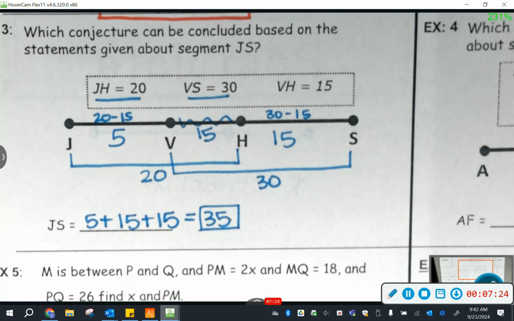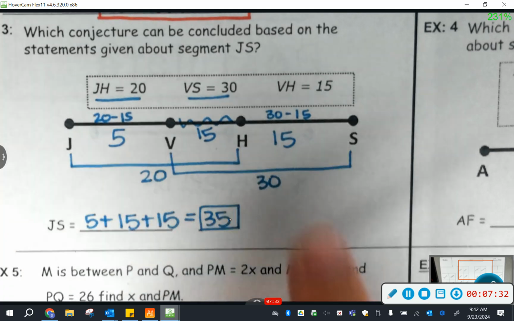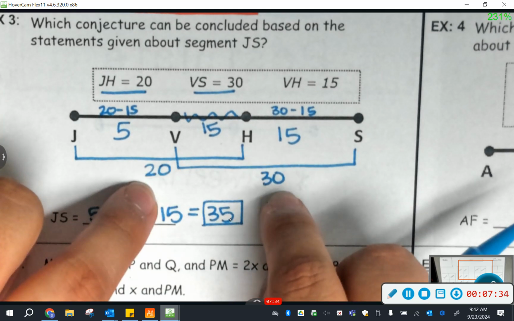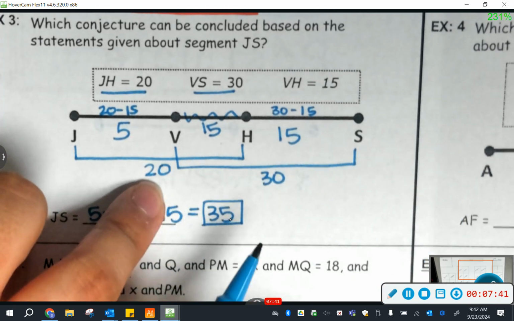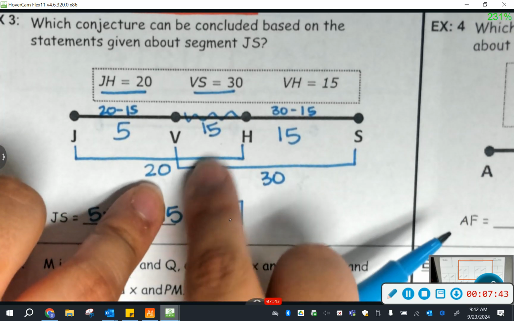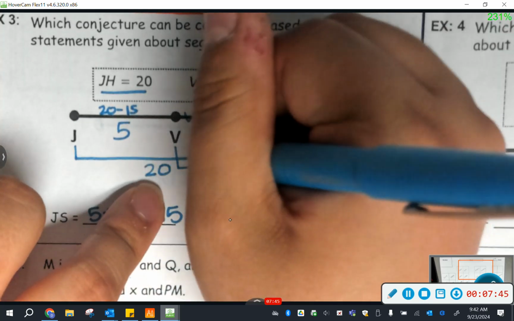Yeah, there is an easier way for some people. So what would be another way to do this? Jonathan's saying I could add these together, and then subtract 15, because it overlaps right here. I have to get rid of one of these.